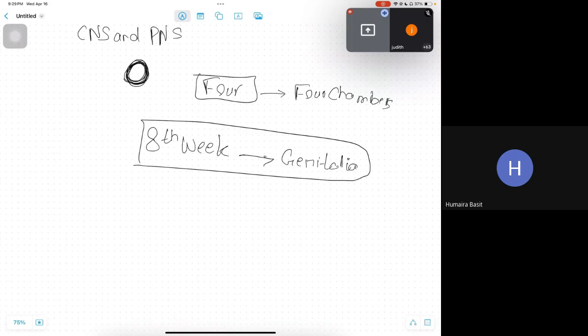They can ask you that a physician wants to find out if the baby is male or female, and he's waiting for a certain week for that to happen. Which week will it be? That will be the 8th week.